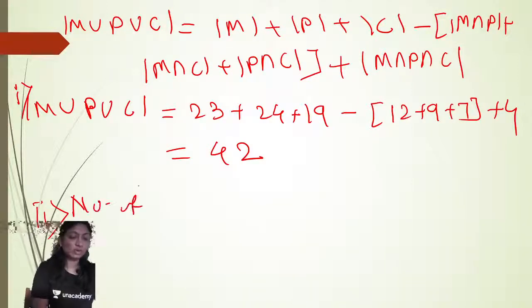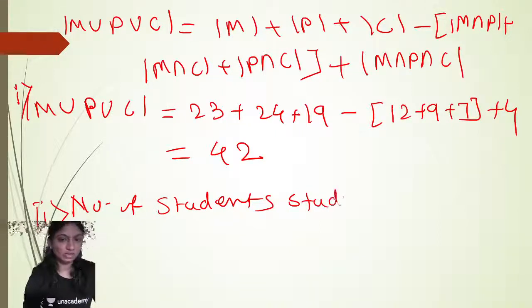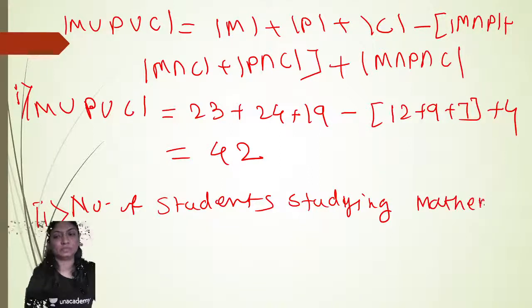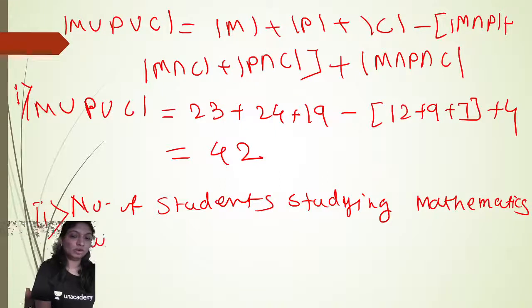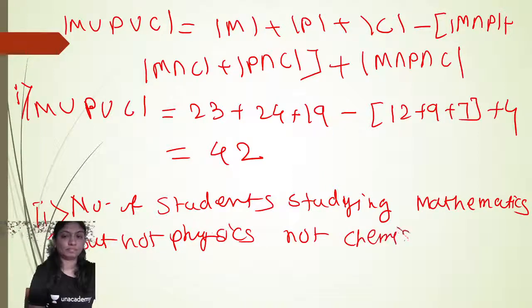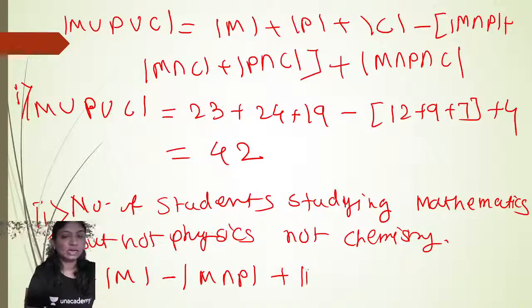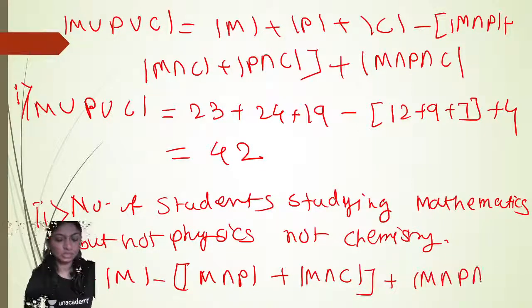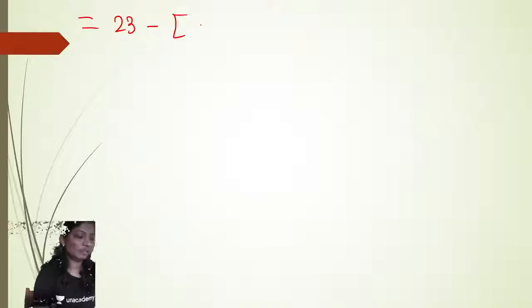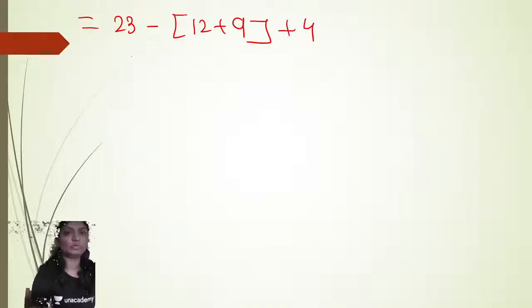Number of students studying mathematics but not physics, not chemistry, which is equal to cardinality of M minus cardinality of M intersection P plus cardinality of M intersection C, plus cardinality of M intersection P intersection C. We get cardinality of M, that is 23, minus 12 plus 9 plus 4, which is equal to 6.